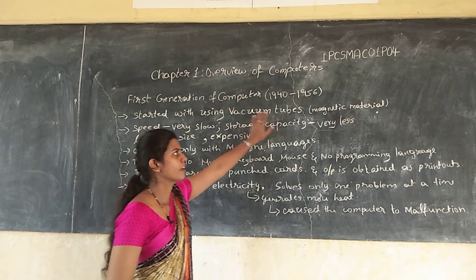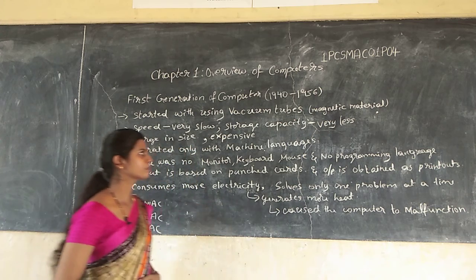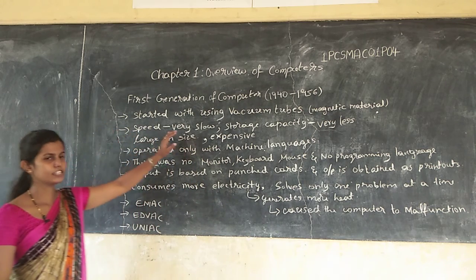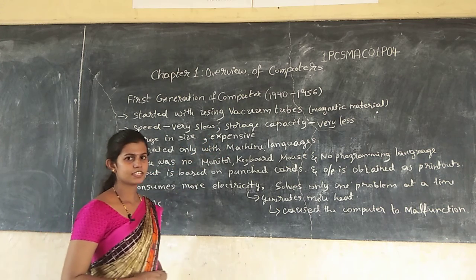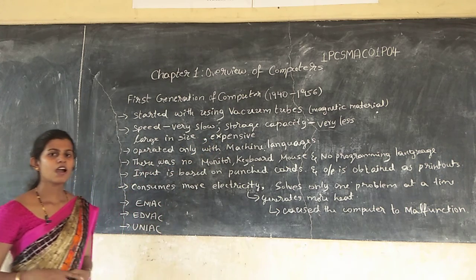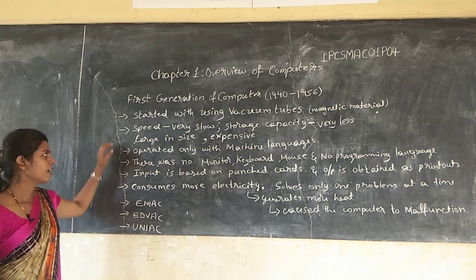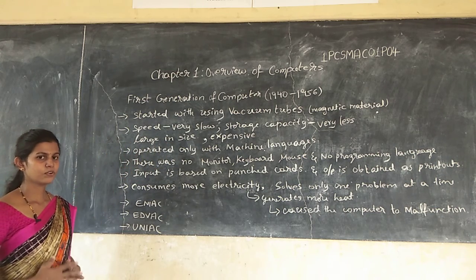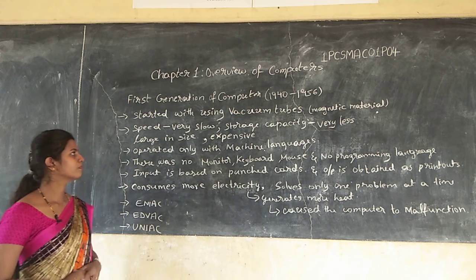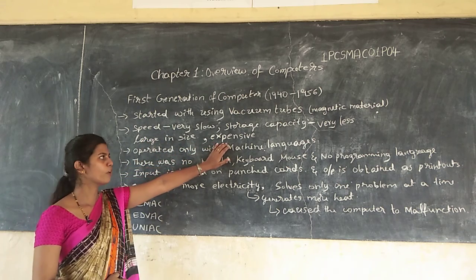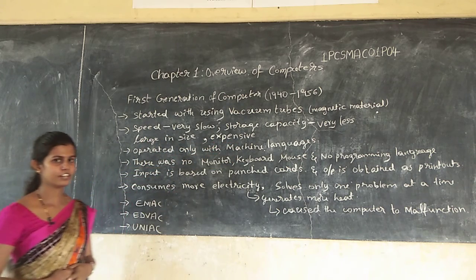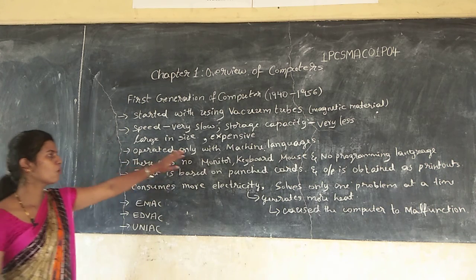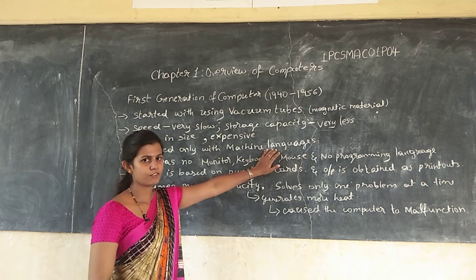Vacuum tubes are magnetic material, and the first generation computers' speed is very slow and the storage capacity is very less compared to other generations of computers. Their size is very large, so it occupies an entire room, and it is more expensive than other generation computers. The first generation of computers operated only with the machine languages.